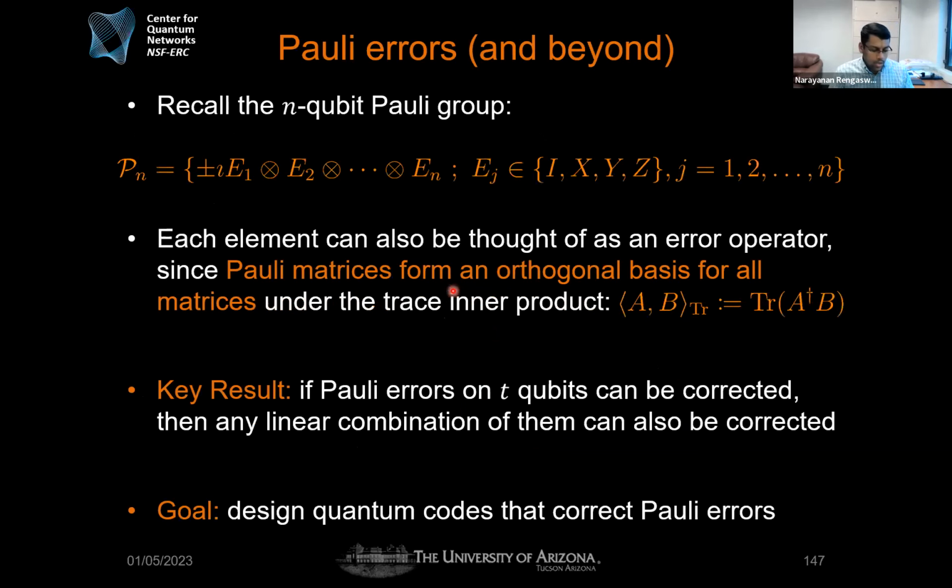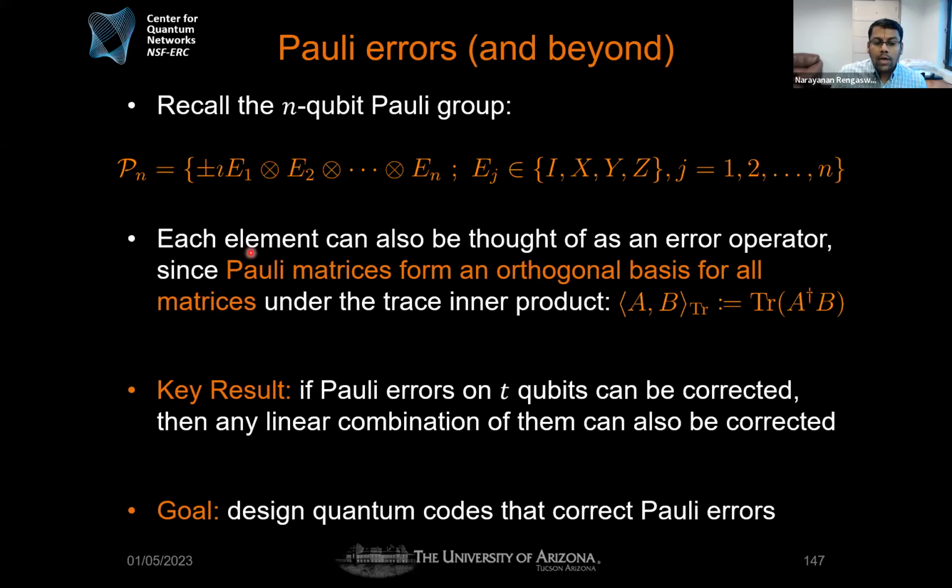Yes, now we are getting into error correction. So what are the errors that we want to consider? The errors that we want to consider are Pauli errors. And the reason we only consider Pauli errors is because, like I said earlier, Pauli matrices form an orthogonal basis for all matrices. So if you delve deeper into the representation for quantum channels, or if you, for example, took the short course yesterday, you might have seen that channels are represented using Kraus operators.